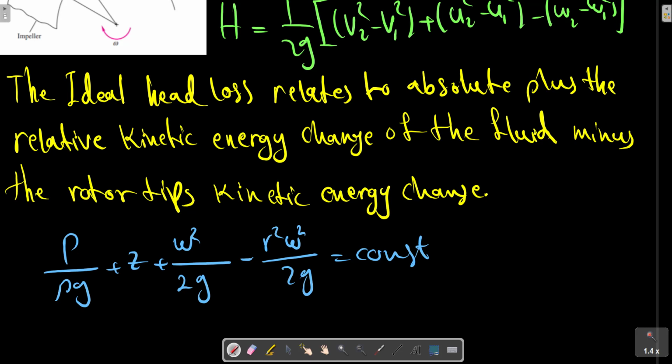For a centrifugal pump, the power can be related to the radial velocity Vn.